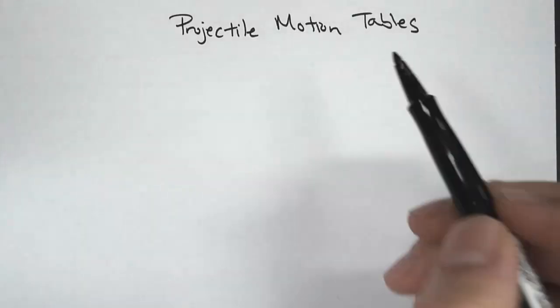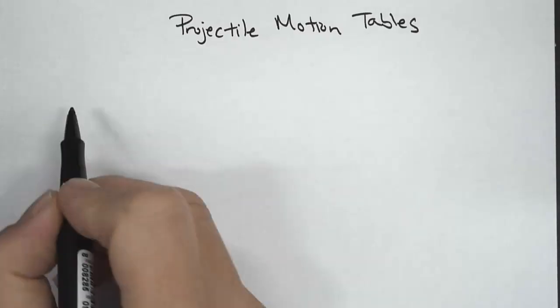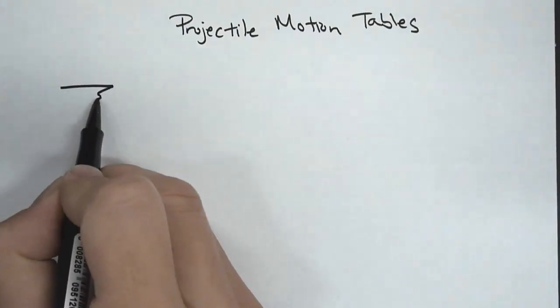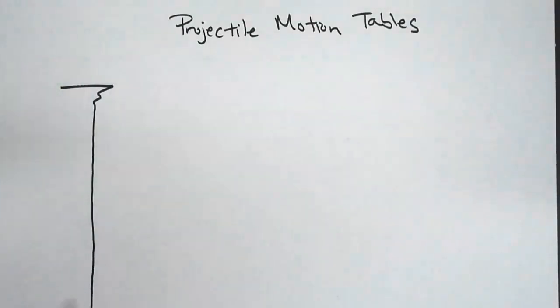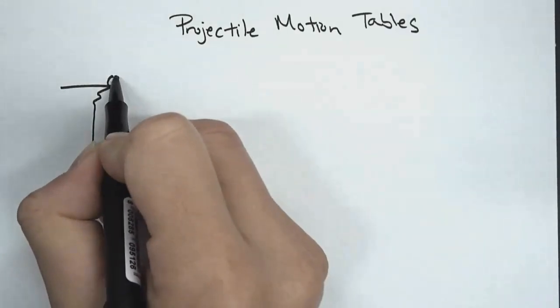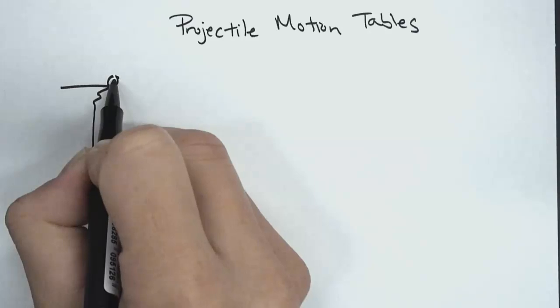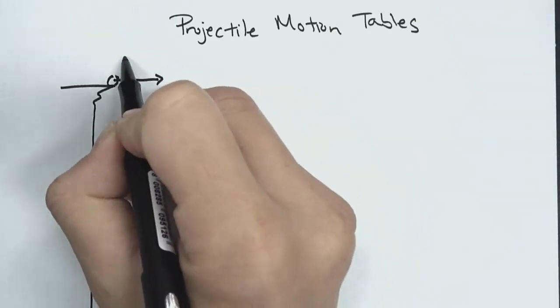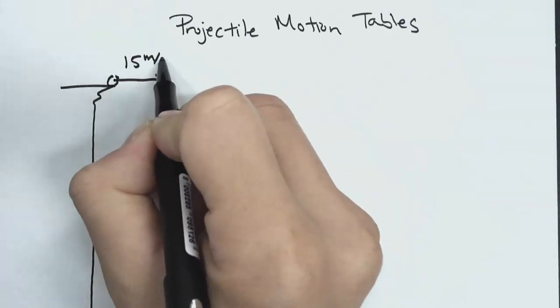In this video, we're going to create projectile motion tables that include position and velocity. We're going to start with a really tall cliff, and we've got a ball that we're going to launch horizontally. It's going to go this way with an initial velocity of 15 meters per second.